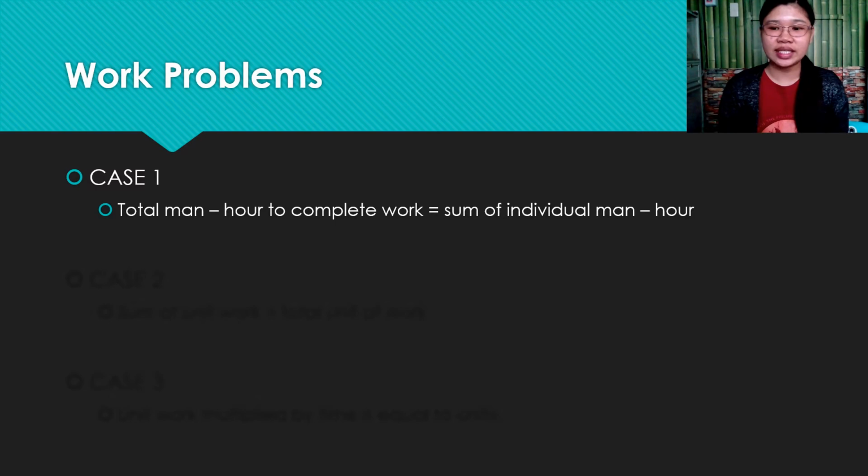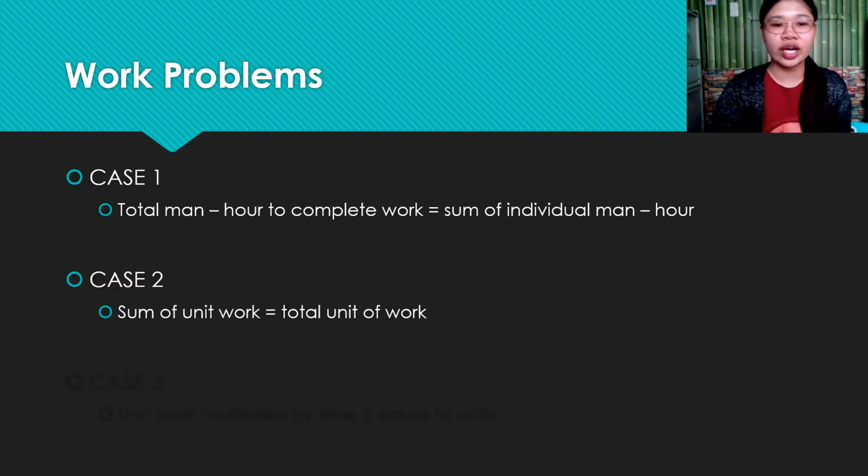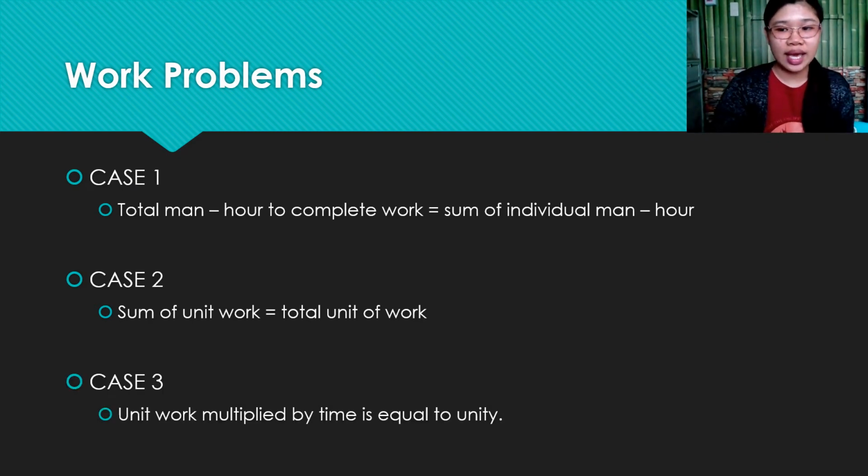So first case, we have total man hour to complete work is equal to sum of individual man hour. And then next, we have sum of unit work is equal to total unit of work. And then case 3, we have unit work multiplied by time is equal to unity. Don't worry, I will be discussing it one by one.